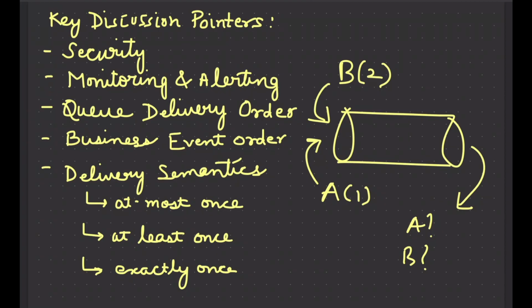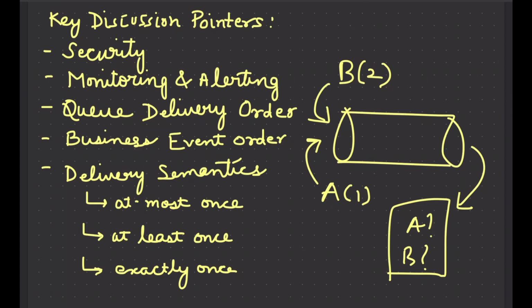But trust me, this kind of delivery order is useless. We won't really want to guarantee which is going to come first, and even some solutions out there don't really guarantee this kind of business queue delivery order, right? And it's not something which is desirable in the first place.